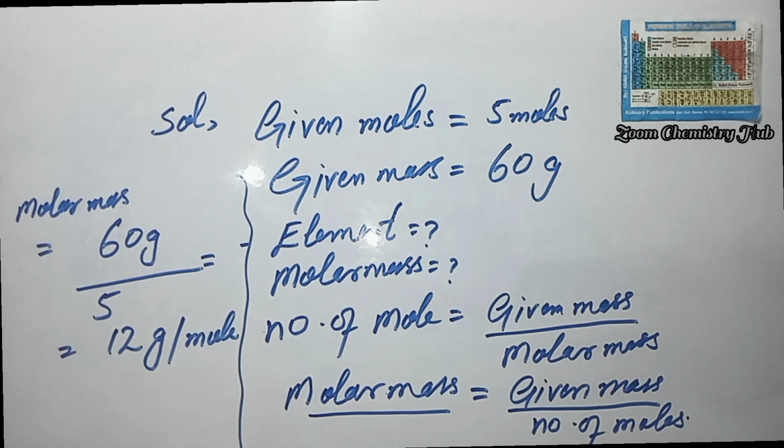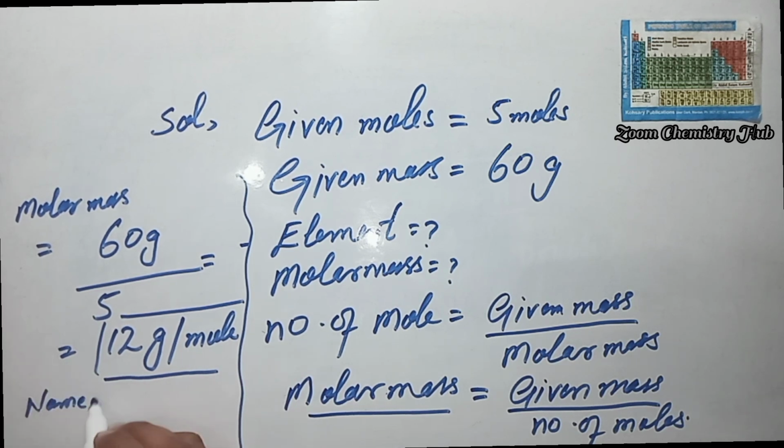So we find the molar mass of this unknown element is 12 gram, and we know the element having molar mass or atomic mass 12 gram is the carbon element.